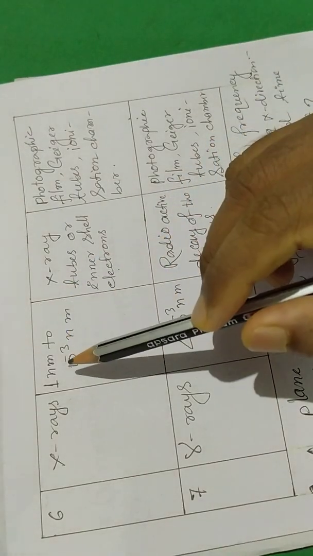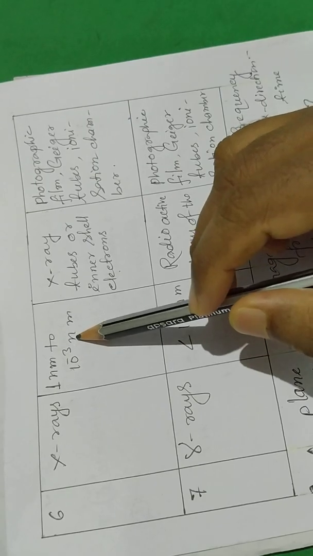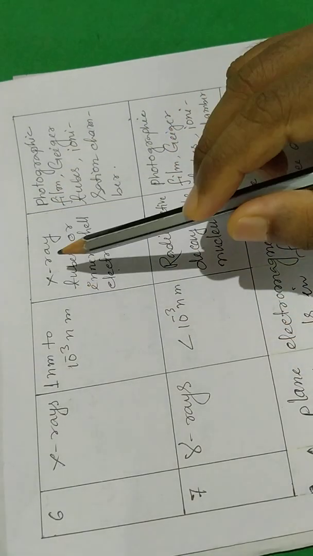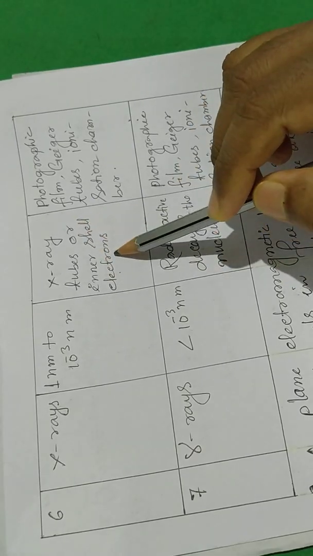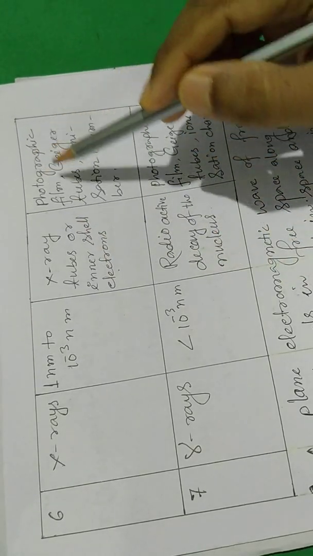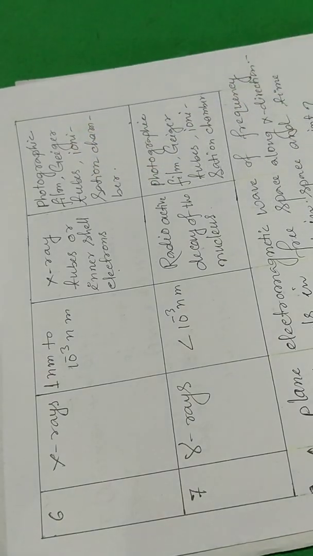Their wavelength range is 1 nanometer to 10 to the power minus 3 nanometer. Production: X-ray tubes or inner electrons. And detection: photographic film, Geiger tubes, ionization chambers, etc.